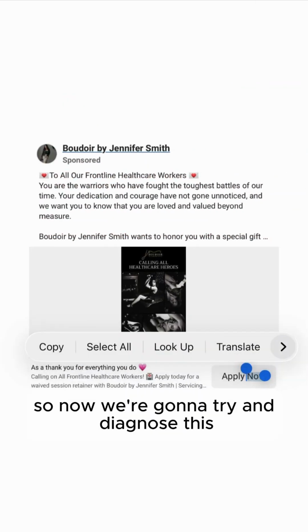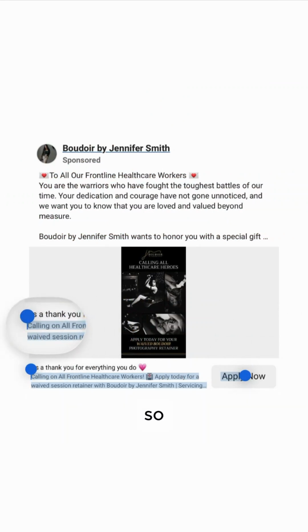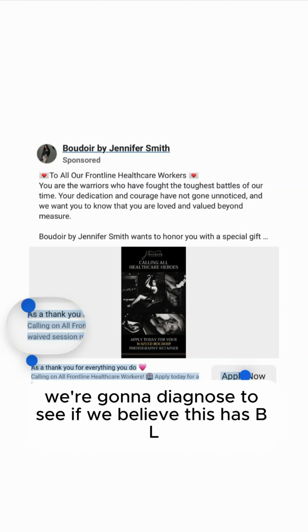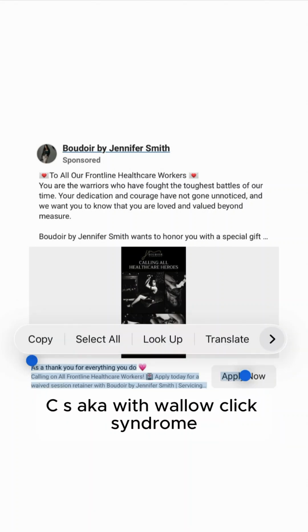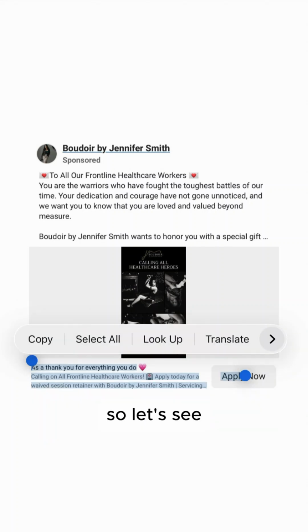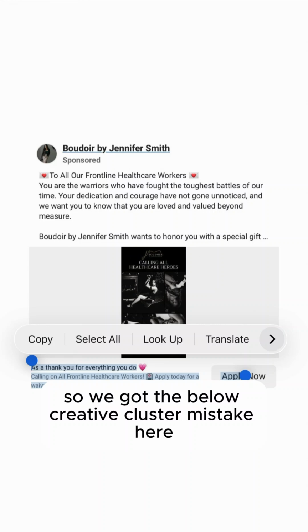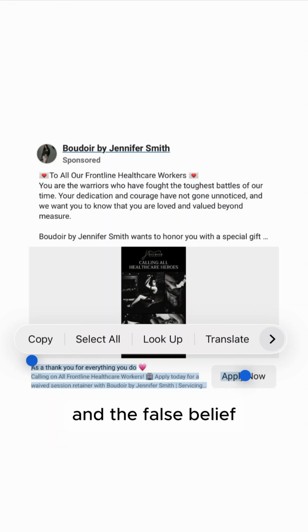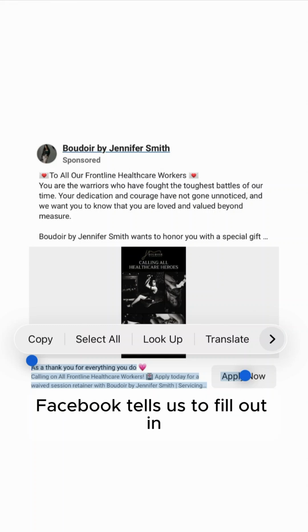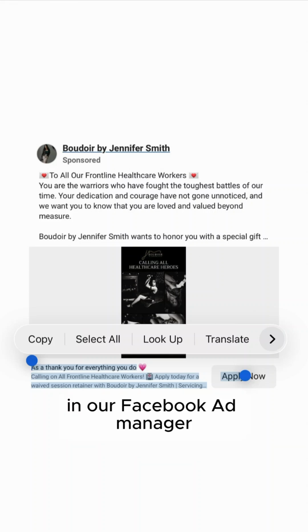So now we're gonna try and diagnose this, if we believe this has BLCS, aka Boudoir low click syndrome. So let's see. We got the below creative cluster mistake here. And the false belief that causes us to make this mistake is filling out everything Facebook tells us to fill out in our Facebook ad manager.